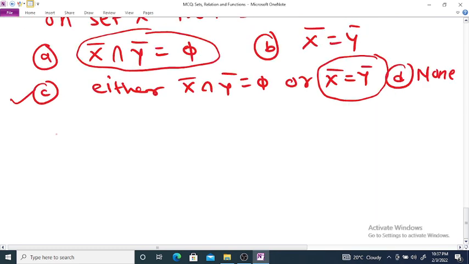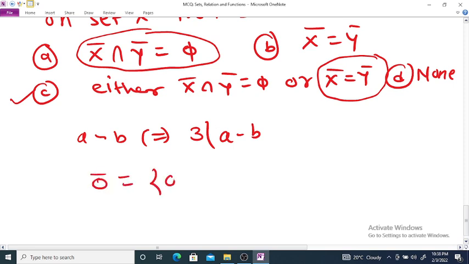For example, if we take the relation on the set of integers, a is related to b if and only if 3 divides a minus b, then the equivalence class of 0 bar is 0, 3, minus 3, 6, minus 6, 9, minus 9, and so on.